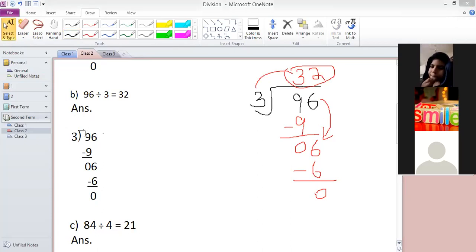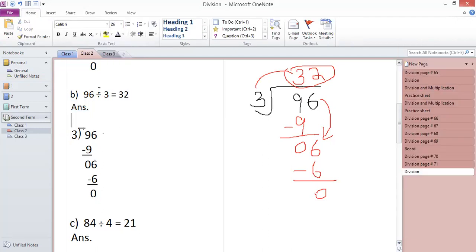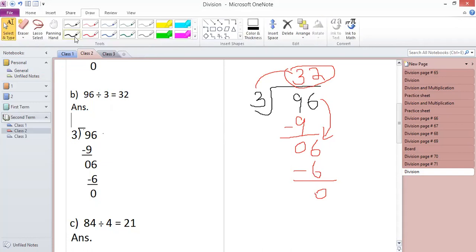Very good. Complete it in your notebook. 96 divided by 3 is equals to 32.